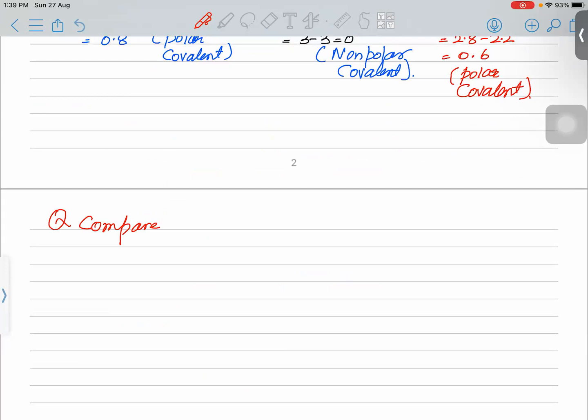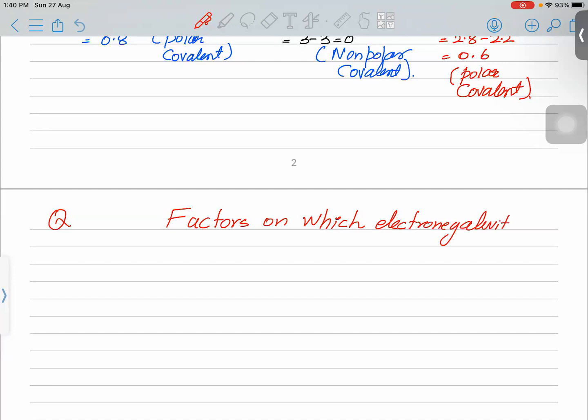Make the heading: factors on which electronegativity depends.